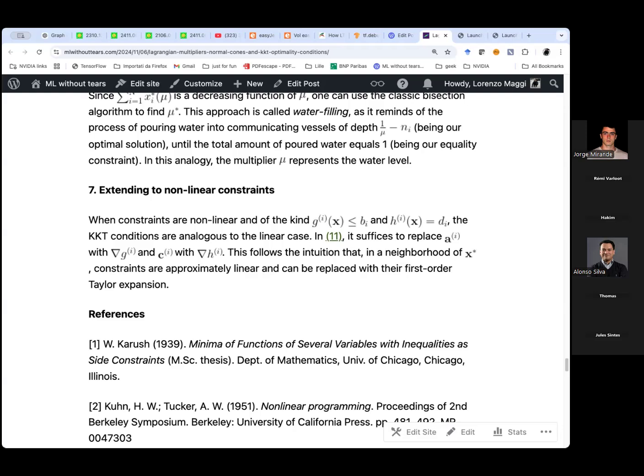Exactly, then you can apply the normal cone of the convex set. You can apply it with spherical constraints, for example. As long as it's convex, exactly. But the method becomes much more nasty. I remember I need to solve some equation using the gradients of the constraints. Yeah, exactly.